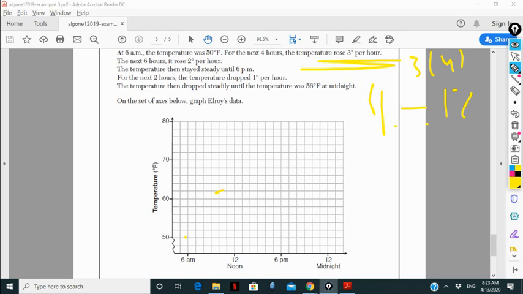Okay. For the next 6 hours, it's going to rise 2 degrees per hour. So it's going to elevate by 12. When I add 62, it's 74. And this interval ends by 4 p.m. and it should be 74 here.